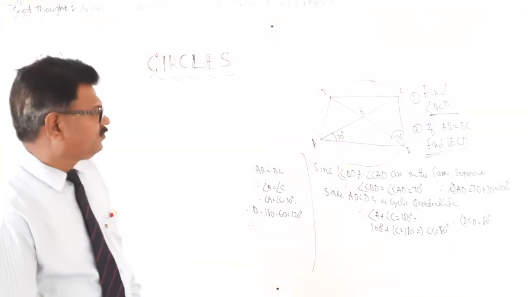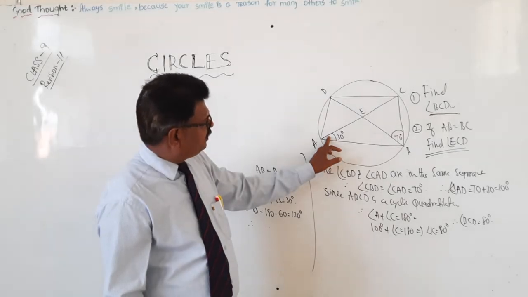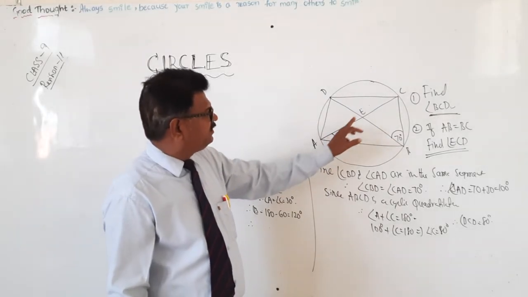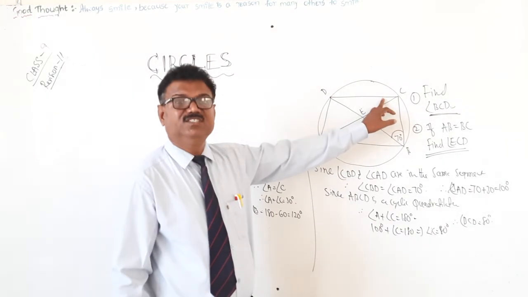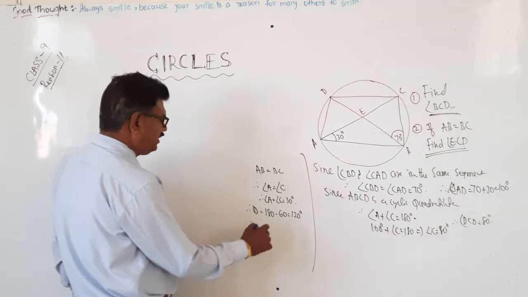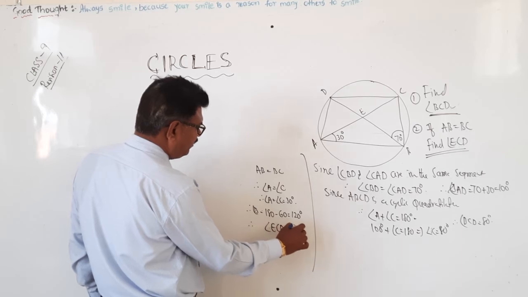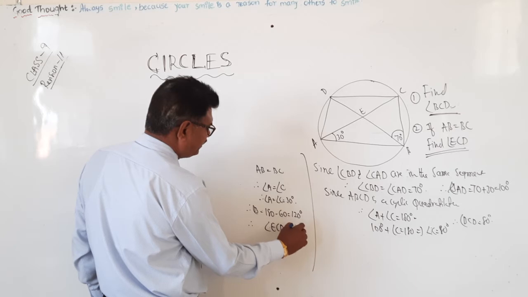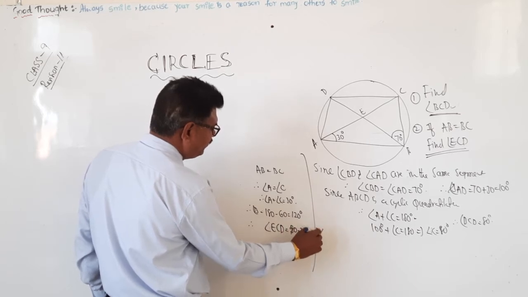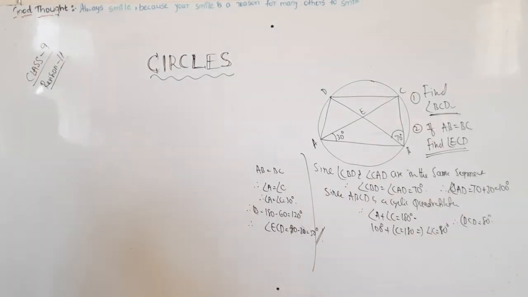It is 30, so it is also 30. Therefore, the remaining will be how much? It is 50. Therefore, angle ECD will be equal to 180 minus 80 minus 30, equal to 50 degrees. Okay? Now we will find out very easily.